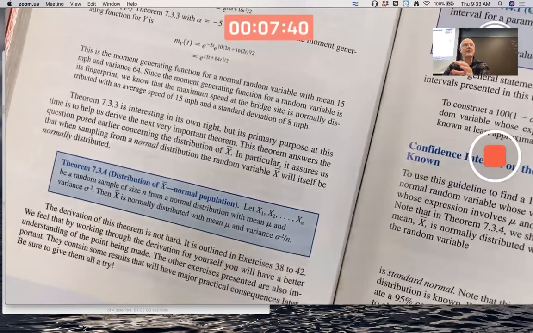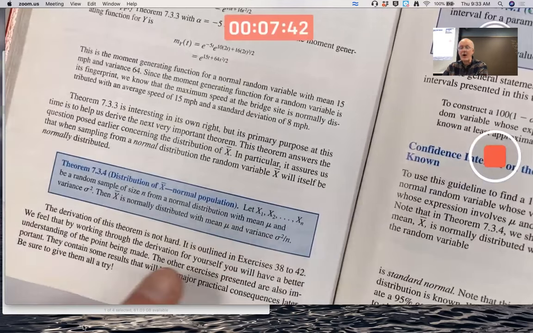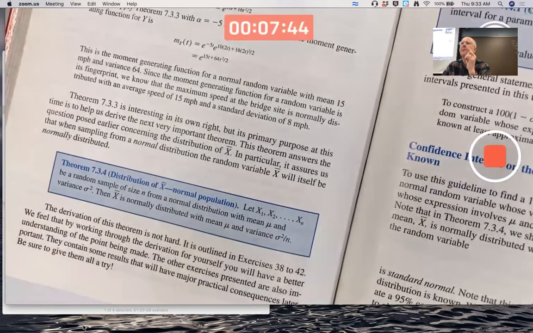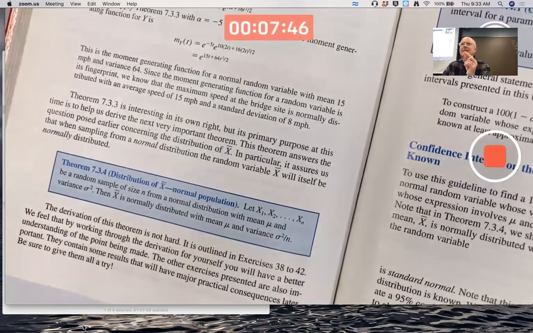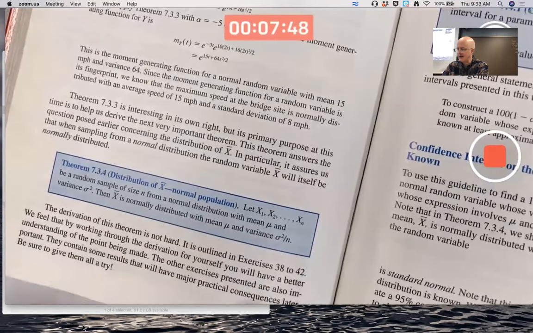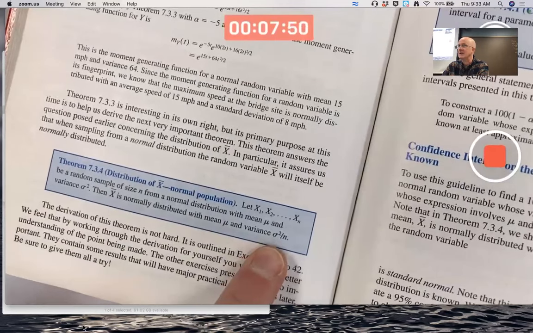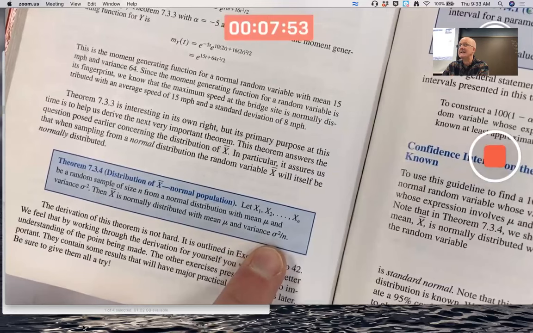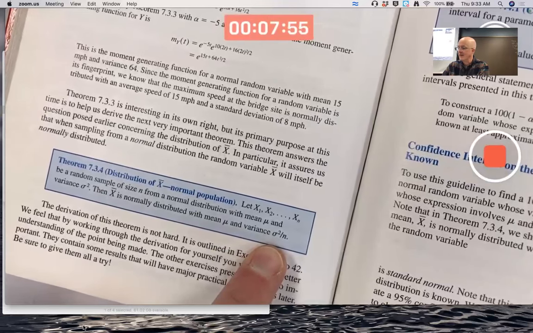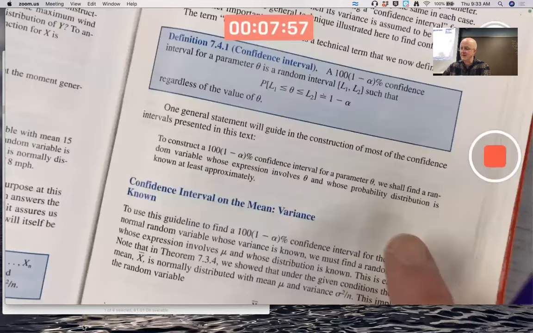And therefore, if I standardize it by subtracting mu, by subtracting the parameter I want to estimate, and dividing by the square root of that, the standard deviation, we know that's a Z, a standard normal. We have fulfilled this goal.